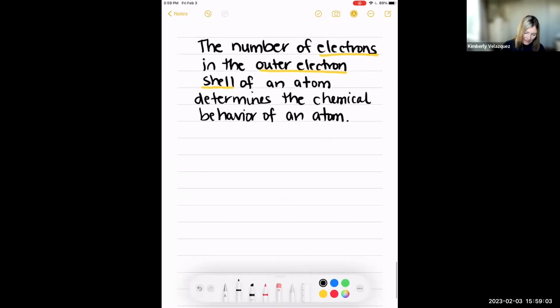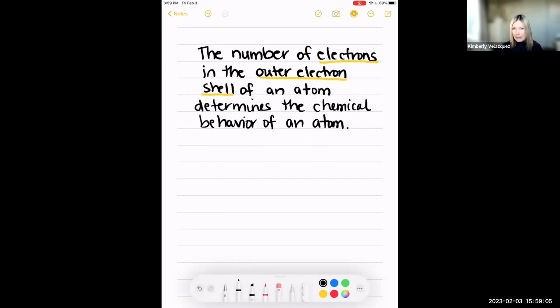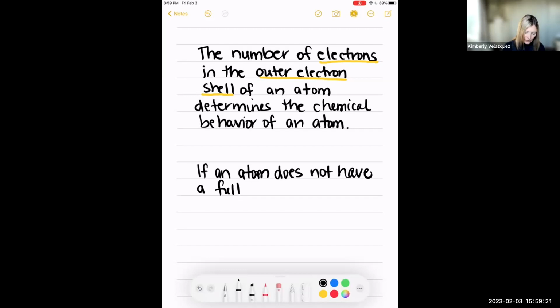Let's go back to our statement. The number of electrons in the outer electron shell of an atom determines the chemical behavior. If an atom does not have a full outer electron shell, it is reactive and unstable.